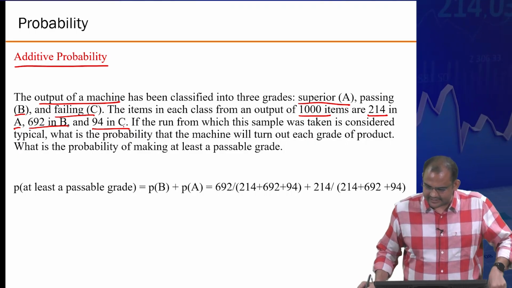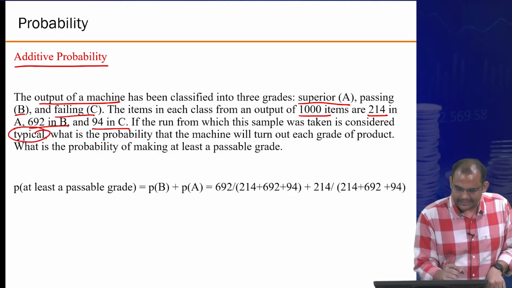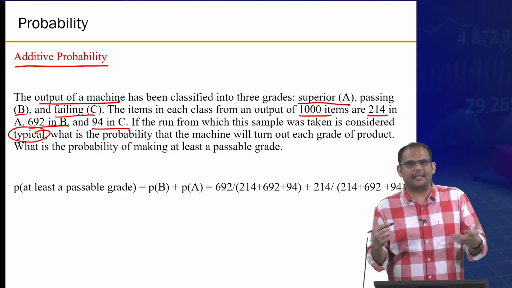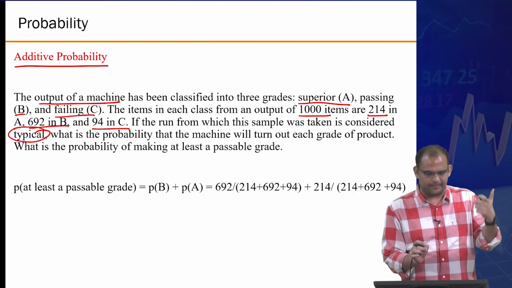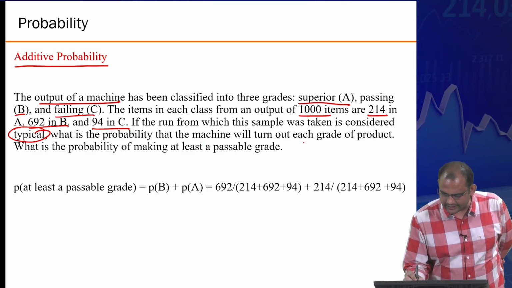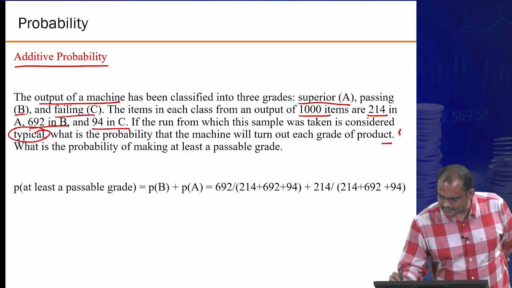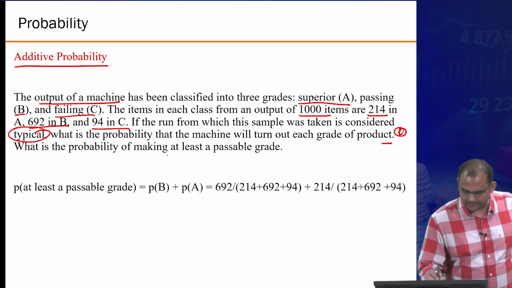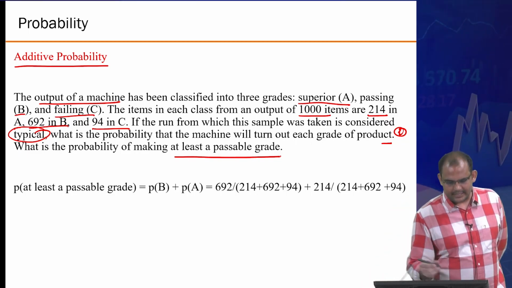Suppose the run from which this sample was taken is considered typical, by which I mean you expect this 1000 items to be the generic behavior of this particular experiment. Typical here is a technical term, not the everyday English one. What is the probability that the machine will turn out each grade of product? That is question number 1. The second part is, what is the probability of making at least a passable grade, right? So what is the probability of A?